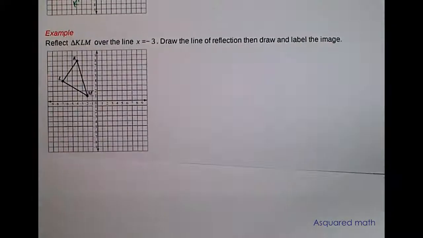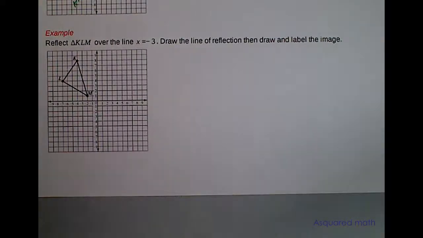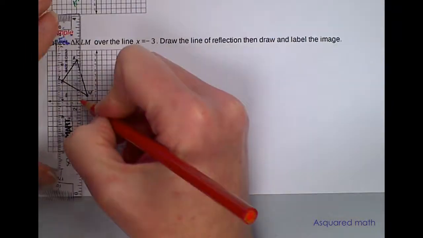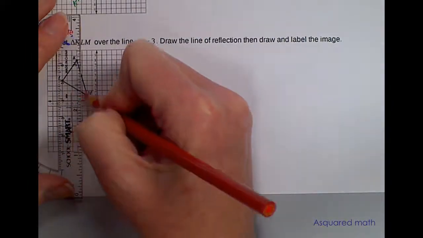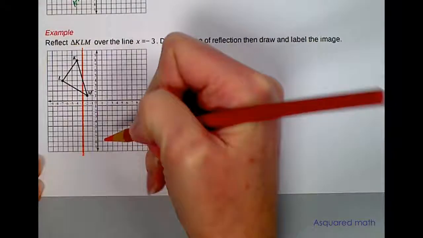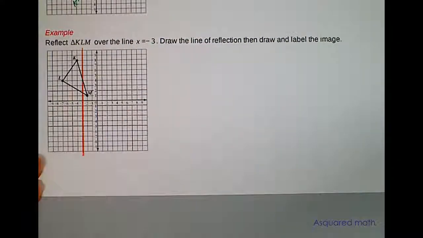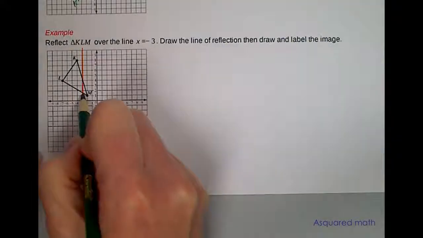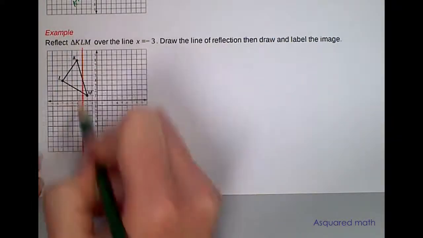Second example has us reflecting over a vertical line. So we are going to draw in the line x equals -3. Now we are cutting through our pre-image here. And same rules apply. So we have a vertical line here.